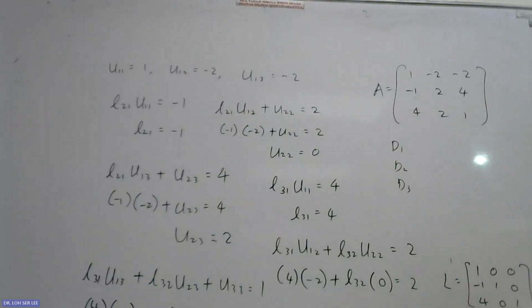Personally, I think the second method is easier, because after the swap you just swap the B. If you swap equation 2 with equation 3, the B must also swap.